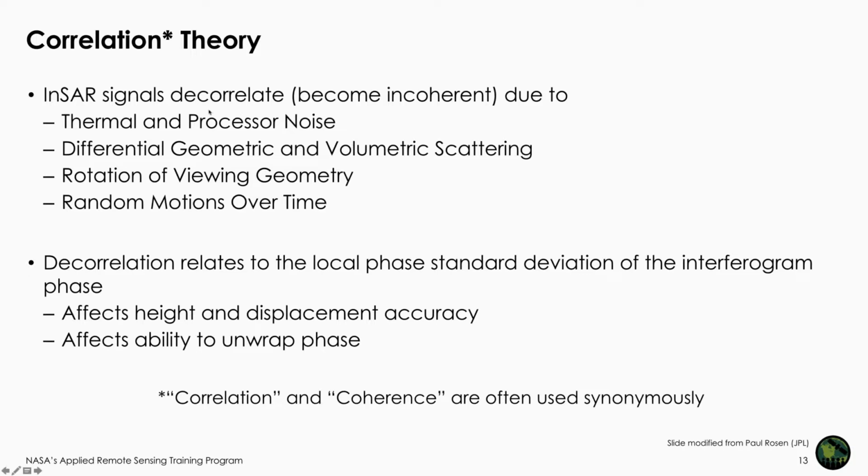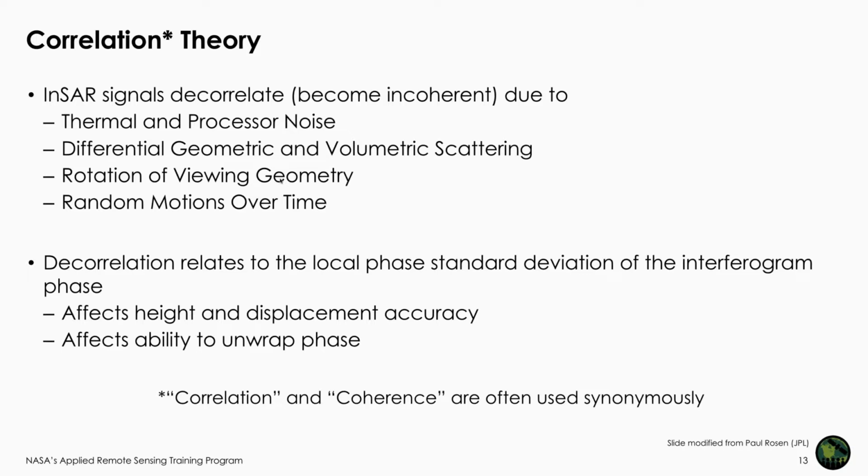And there's a lot of things that can cause what we call decorrelation, or loss of correlation, or becoming incoherent. If there's a lot of noise in the radar data for some reason, if the ground surface geometry or volumetric scattering changes, if the viewing geometry is rotated for some reason, like the ground surface rotated, or if there's just random motion between the two times that the radar images are acquired.